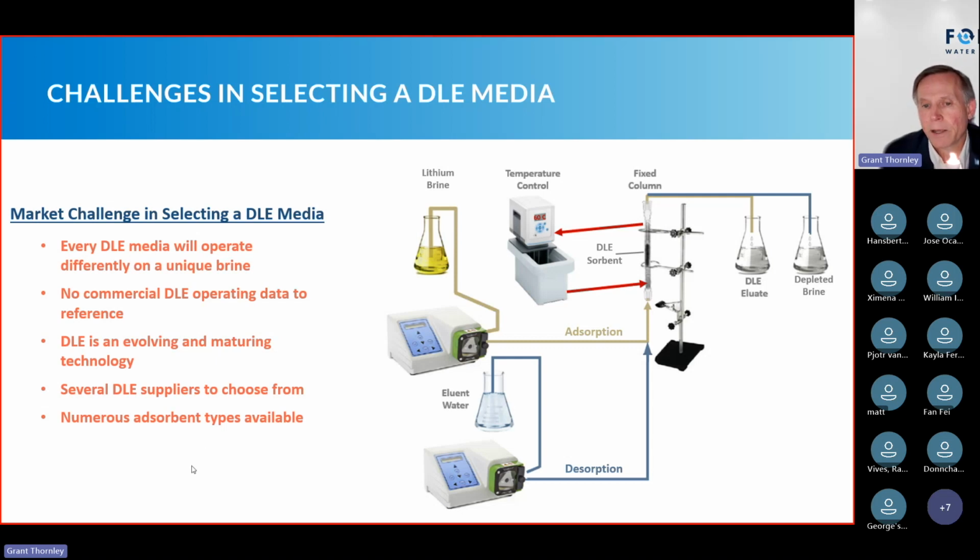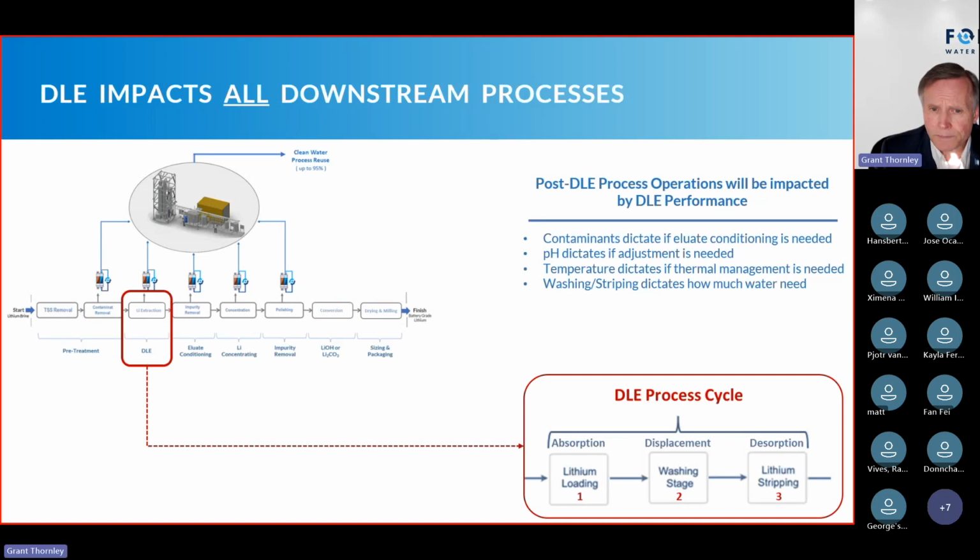This is why I wanted to talk about how to select a DLE media, and then how to test it. Just for reference, circling back: what are we talking about within the process flow sheet or unit treatment? We're talking about direct lithium extraction, which removes the lithium directly from the brine and then re-injects the depleted brine back down hole.